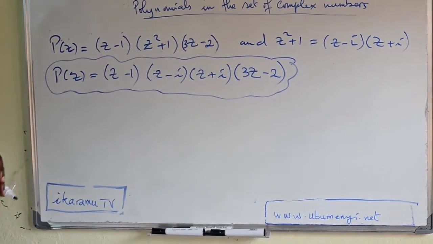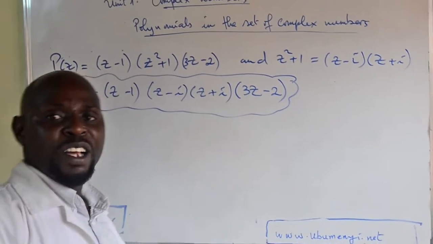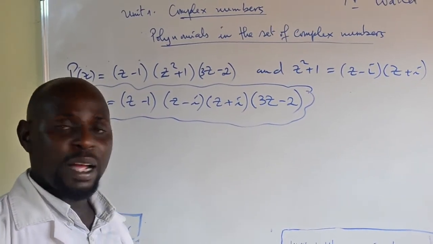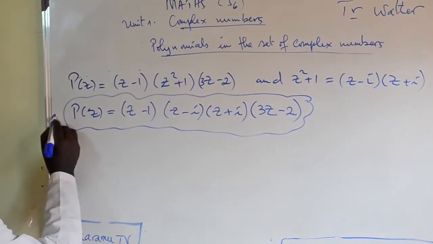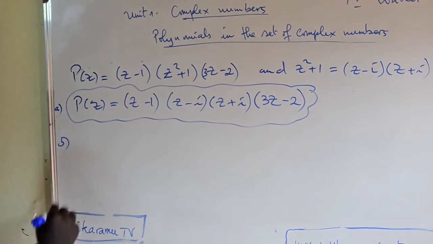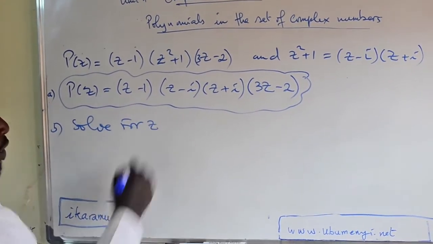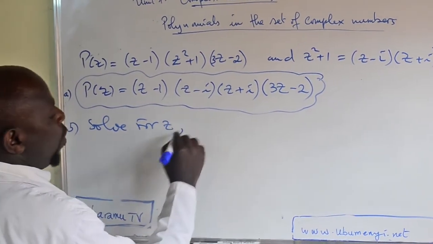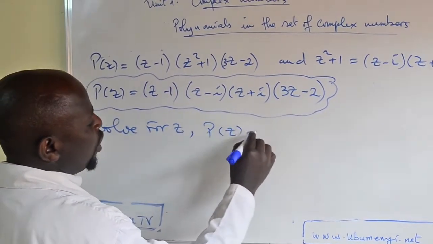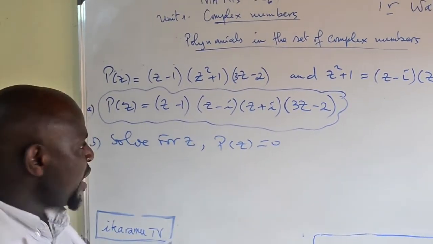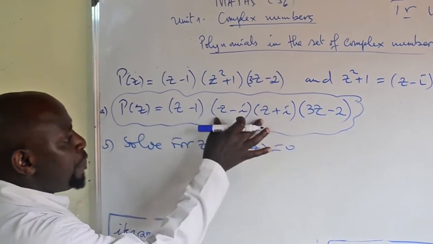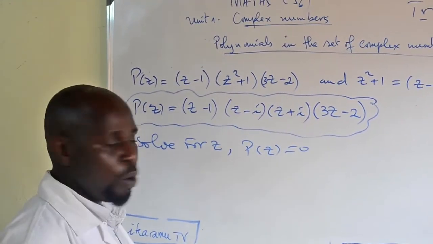Here, ladies and gentlemen, we have already answered the first question. We need to go back and answer the second question. This was question number A. Number B, we are asked to solve for z, p of z, which is equal to 0. Now, ladies and gentlemen, after finding the factor form, it's very easy to solve.